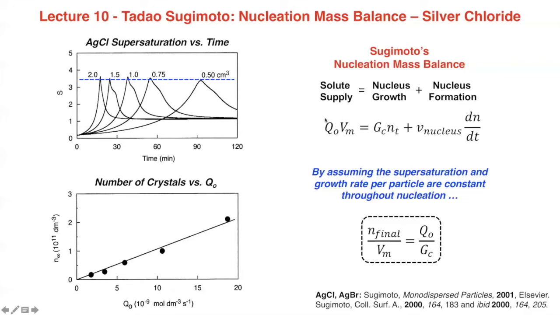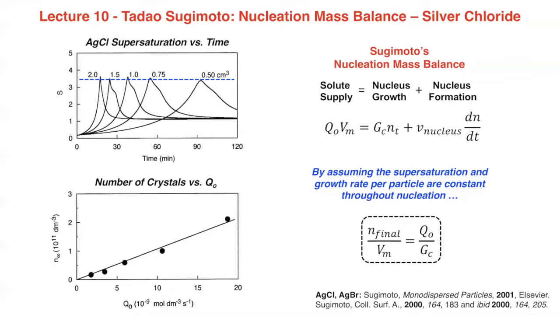In this equation here, you have the solute supply, and this is expressed in volumetric units. Remember that Vm here is the molar volume. So you take the changing concentration per time, multiply by the size of each unit, and you get the change in the volume of material with time. And that's the solute supply.